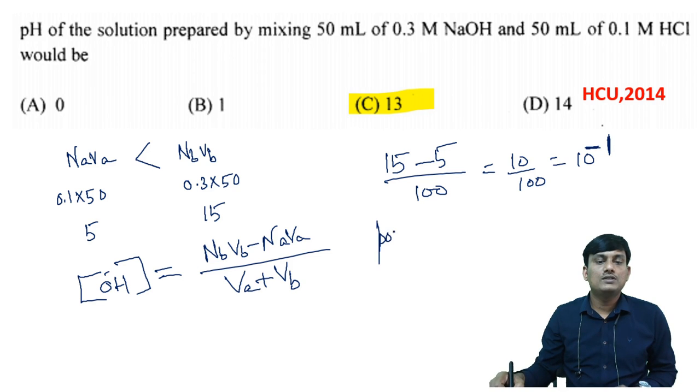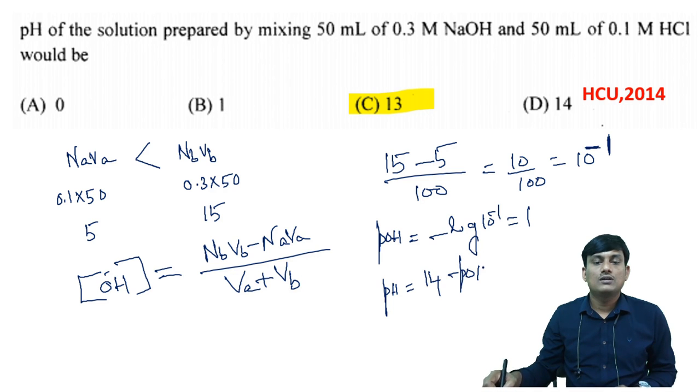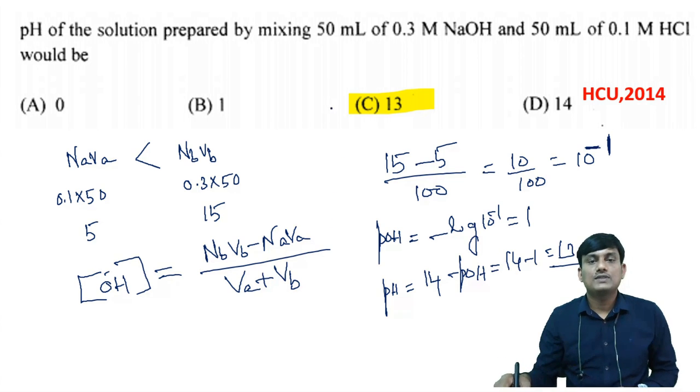So pOH is equal to minus log of OH minus concentration, which is 1. So pH is equal to 14 minus pOH, which is 14 minus 1, equal to 13. So the pH of the resultant solution is 13. Thank you very much.